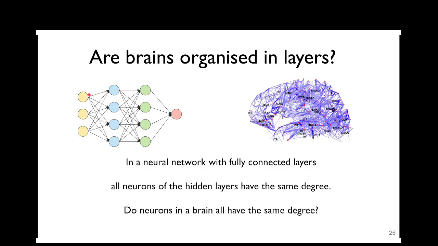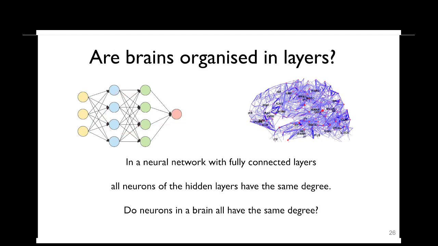So if we ignore for a moment the input vector and the output vector, and we just assume a simplified, fully connected neural network, then essentially all of the nodes have exactly the same amount of neighbors, and it's the square of all of the nodes that are in the layer. So every neuron has exactly the same number of neurons that it is connected to in our artificial neural network.